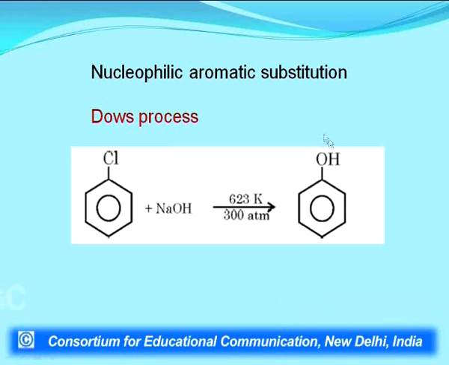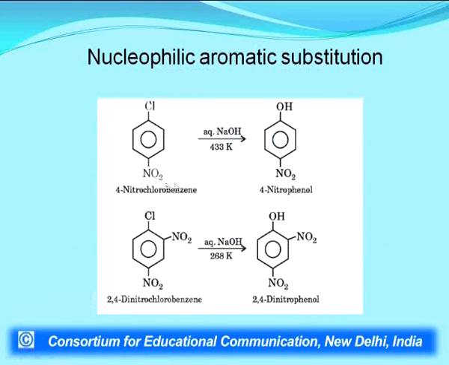This is a commercial method for the preparation of phenol known as Dow process, but this reaction requires very drastic conditions. Now, one more thing was observed, that if this chlorobenzene has some nitro group at the ortho or para position, the reaction becomes a bit easier and it becomes fast also.